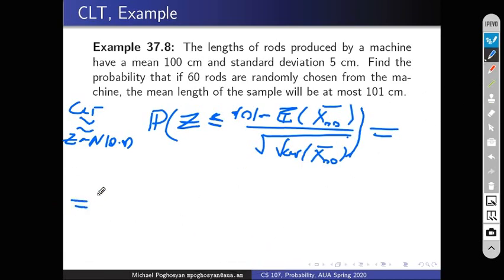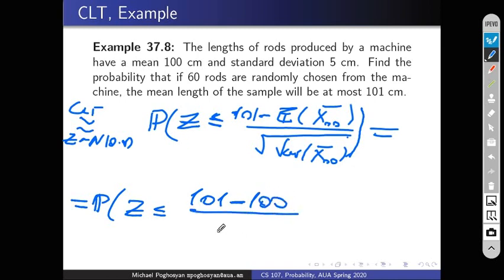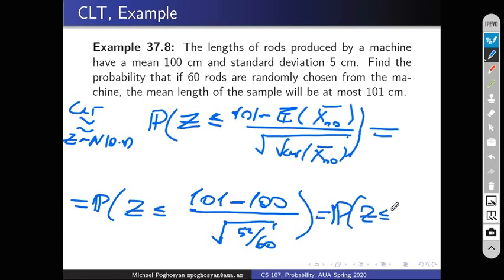So this is equal to the probability that z is less or equal than 101 minus the average, which is 100, over the square root of the variance, 5 squared over 60. So I will have the probability that z is less or equal than 1 over, or this square root of 60 will go up, so square root of 60 over 5.